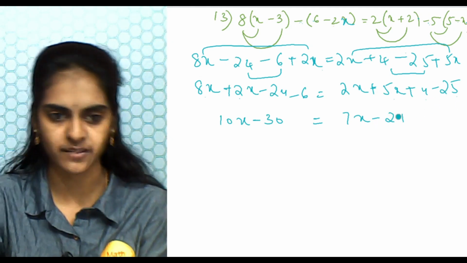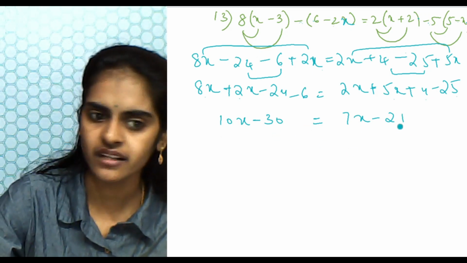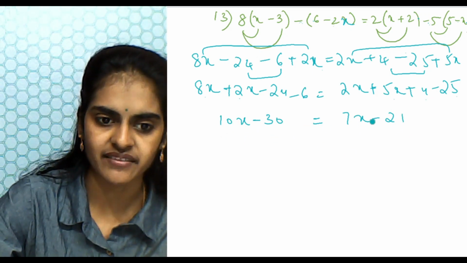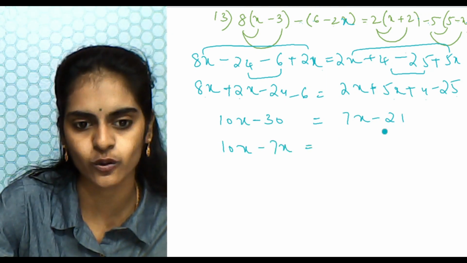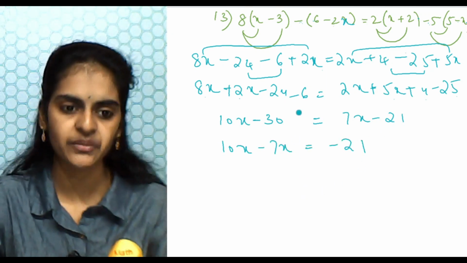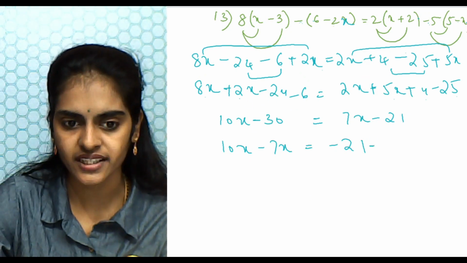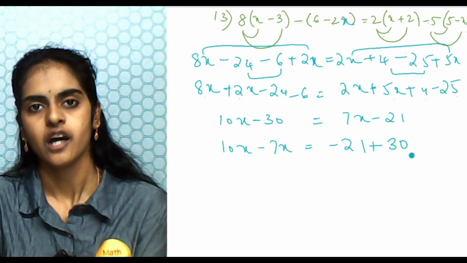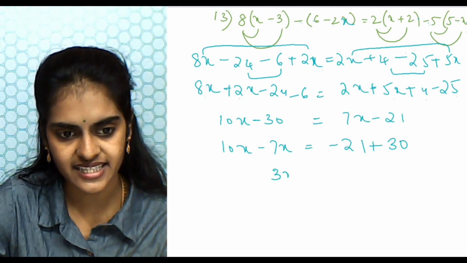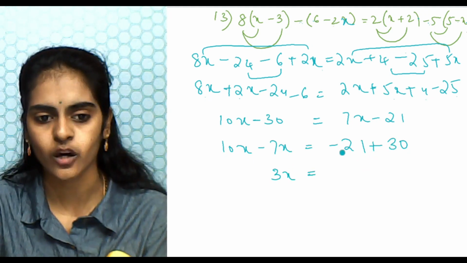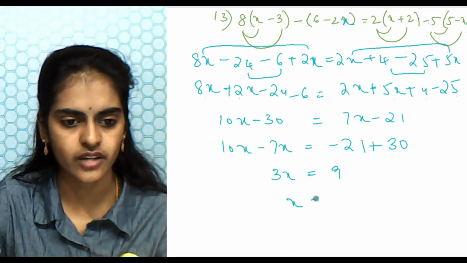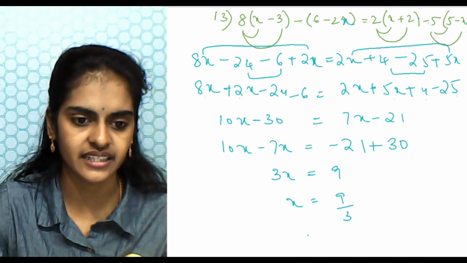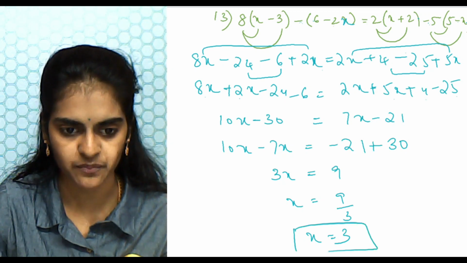Right, now again this is simple. Let me send this 7x to this side, so it becomes 10x minus 7x is equal to minus 21 here, and send this minus 30 to the other side, it becomes plus 30. So 10x minus 7x is 3x is equal to 30 minus 21, which is 9. So x is equal to 9 divided by 3, so x you'll get as 3.